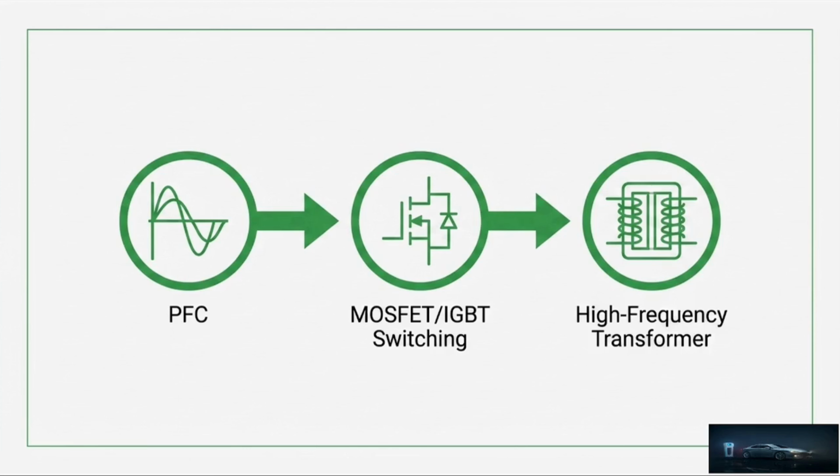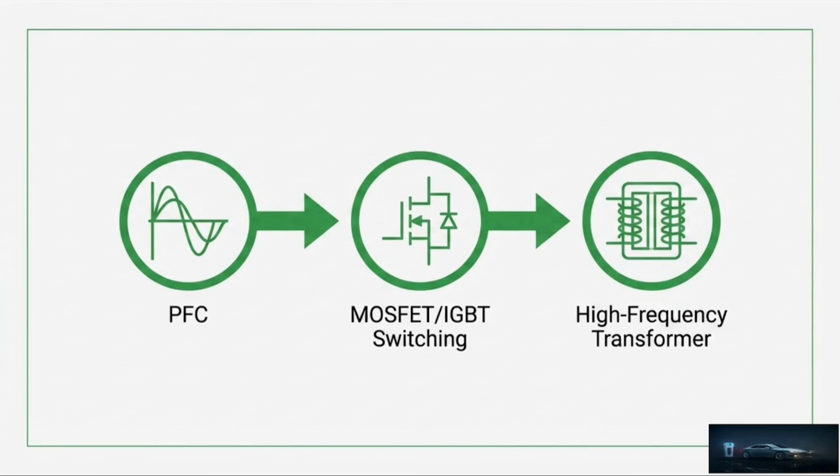Now moving to the high frequency transformer. The high frequency waveform coming from the MOSFET and IGBT goes to the high frequency transformer. This transformer has two jobs.